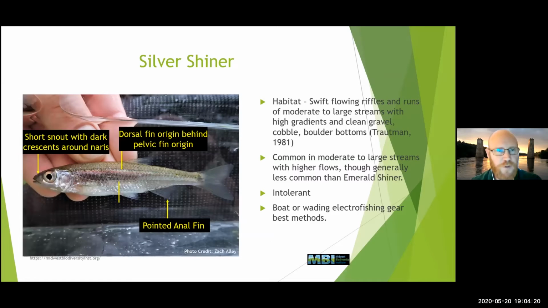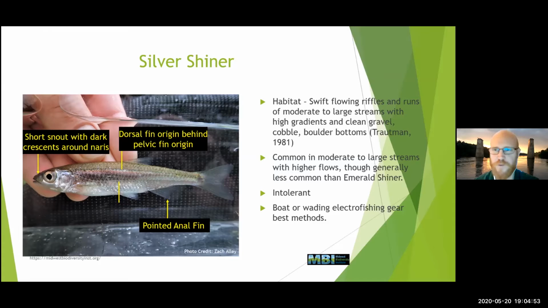Here's the silver shiner. It looks a lot more similar to the emerald shiner in that it's really silvery. It has a shorter snout. It's longer than the emerald's, but it's shorter than the rosyface. The adults and juveniles will have dark crescents around the nares, so you'll be able to pick it up, look at it from the top down, and if it looks like there's crescents around it, you got a silver shiner.